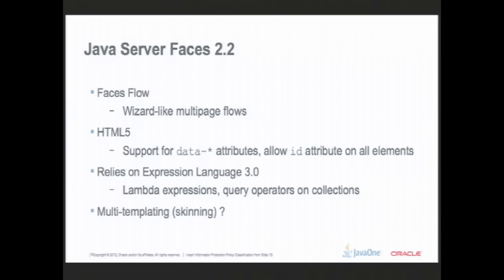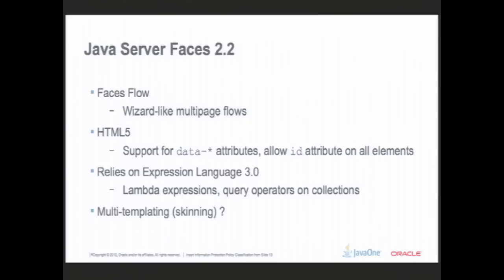So JSF 2.2 has many further improvements on top of that. Again, I'm not going to talk about most of them. Here are just the main ones. There is the faces flow, which is a new Visit-like flows support. So basically, if you have multi-page scenarios, they are now easily supported in JSF 2.2. There is support for HTML5.